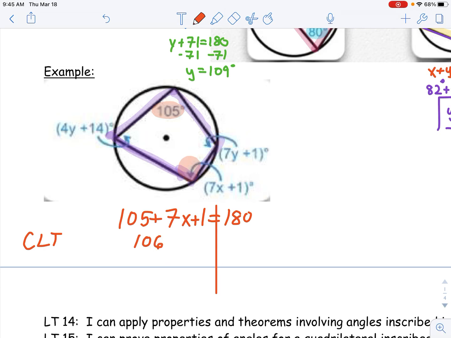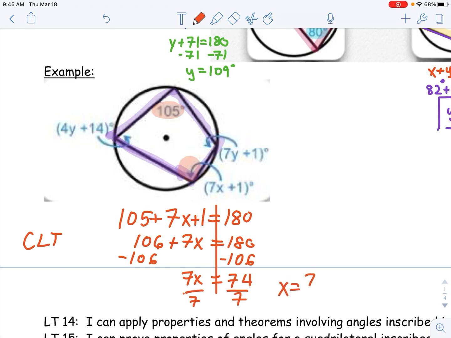So 105 plus 1 is 106, plus 7x, equals 180. Subtract 106 from both sides, and we get 7x equals 74, so x equals 74 over 7. A nice little fraction.